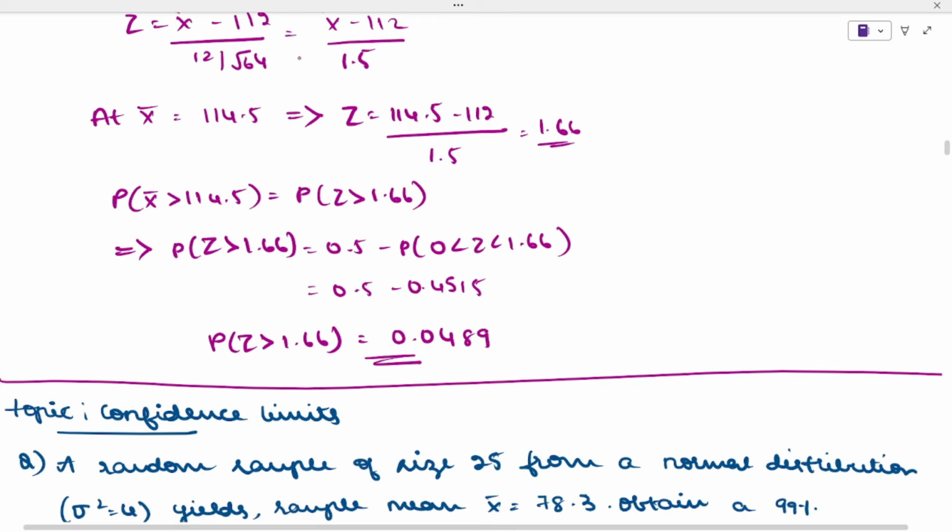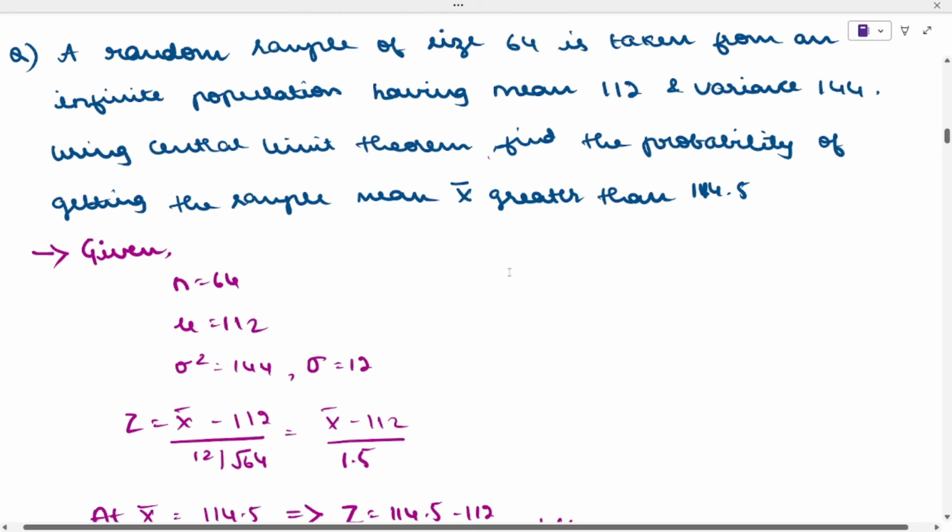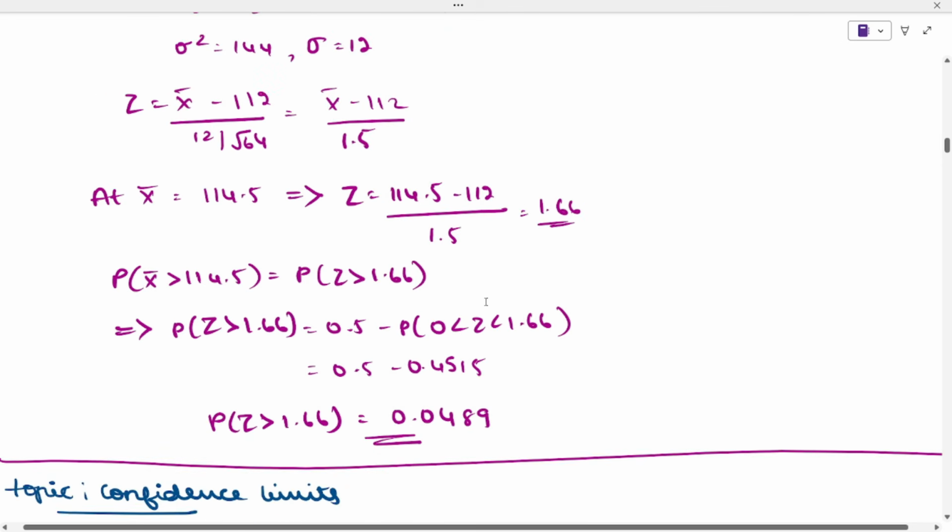Then you have to find for greater than, they have asked here greater than. Next, 0.5 minus the value of 1.66 in the z table, which is 0.4515, you will get 0.0489. This is the value you get for this.